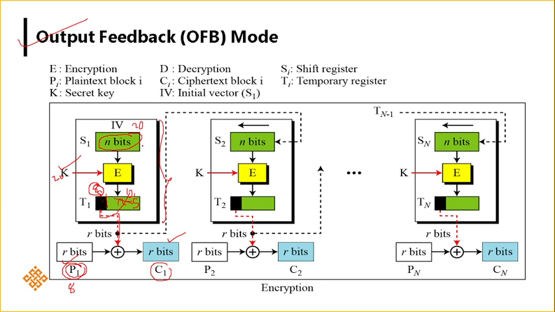So what I did: I assumed n bits, for example 20 bits, and did the encryption with the key. Of the 20 bits output, I took only s bits; the remaining n minus 8 bits are removed. Using those s bits, I did the XOR operation with the first block of plain text, and you get the first block of ciphertext.